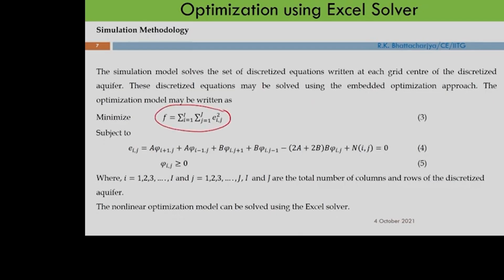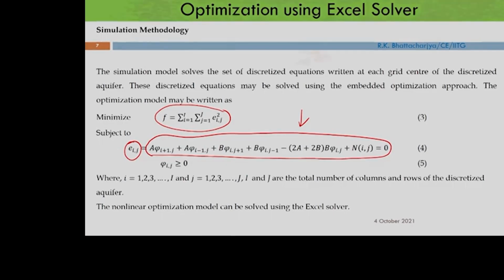This is the equation that has to be satisfied at each grid center. Now, for any arbitrary value, the right-hand side will not be equal to 0. So I am considering this as Eij, where Eij is the error.